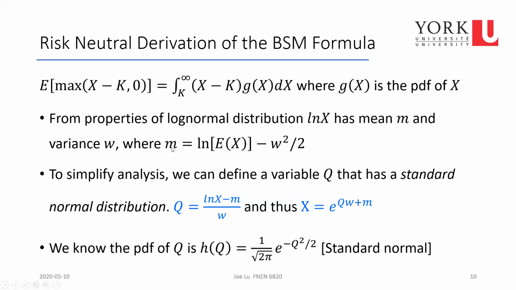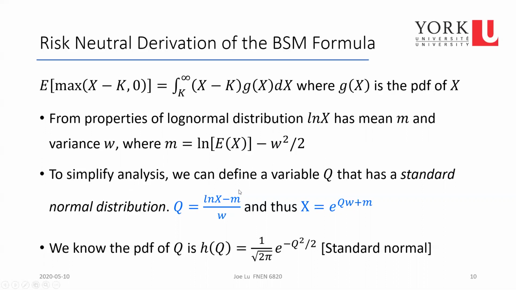The mean of log x is the log of the mean of x minus the variance of log x divided by 2, or the square of the standard deviation divided by 2.